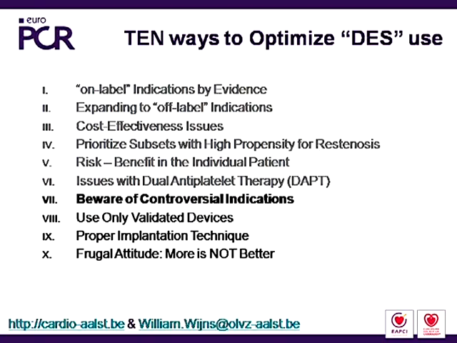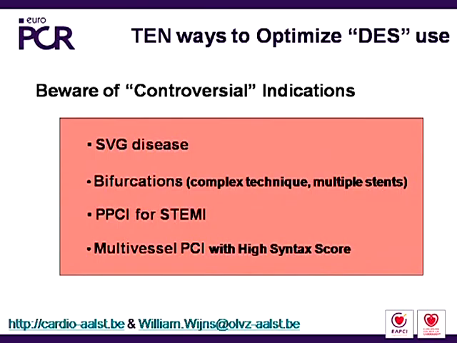There is a couple of controversial off-label indications that one should worry about. For example, SVG, vein graft intervention, still controversial. So you may do it, but think it over twice. Complex bifurcation with last side branch, particularly crush, complicated techniques. Primary PCI for STEMI still is debated, although there is some good data.